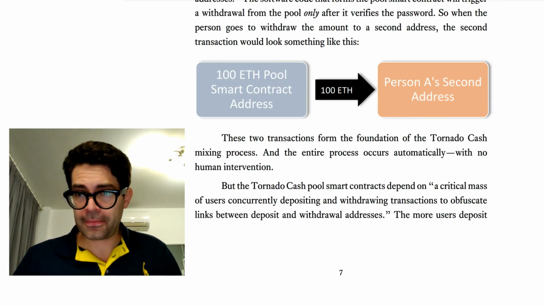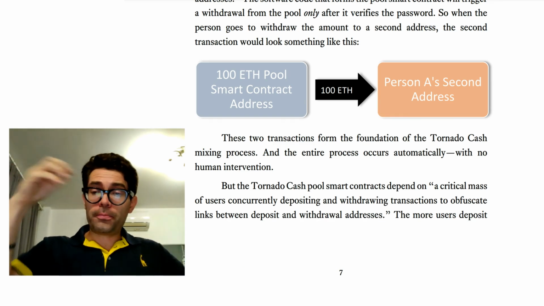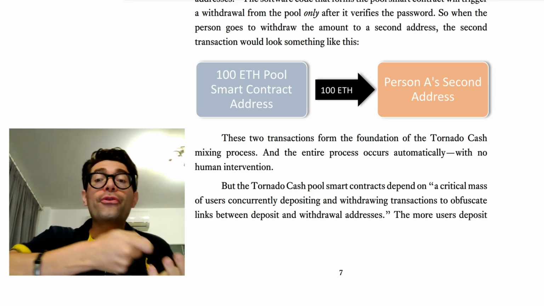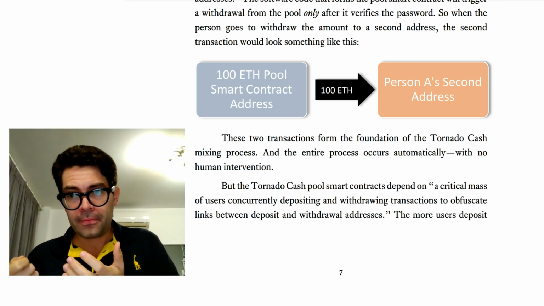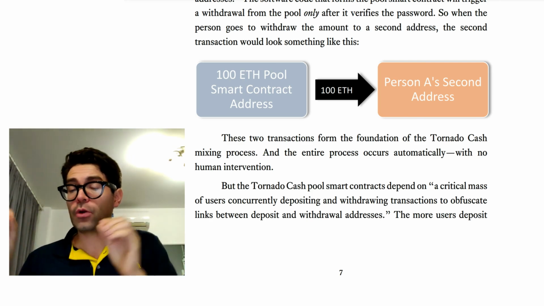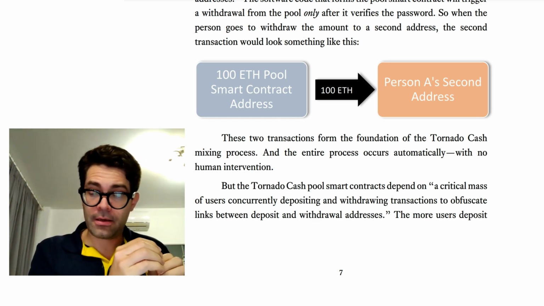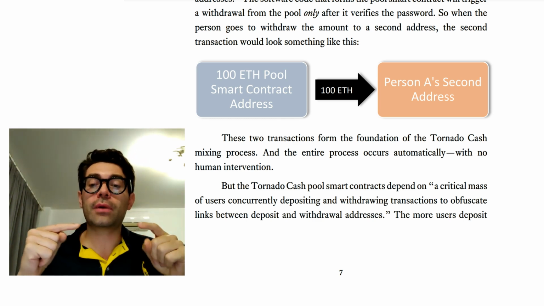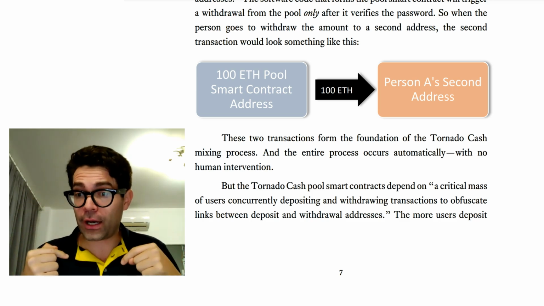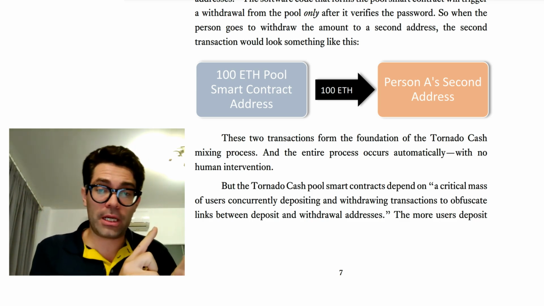And then, because other people are doing the same, you can withdraw the Ethereum from that pool of addresses. Remember, in blockchain, when you're sending cryptocurrency, you generate a hash, a transaction on the blockchain that verifies that I sent that information.